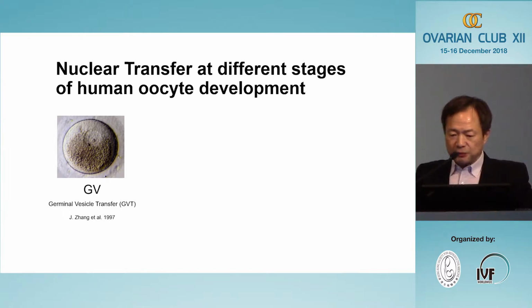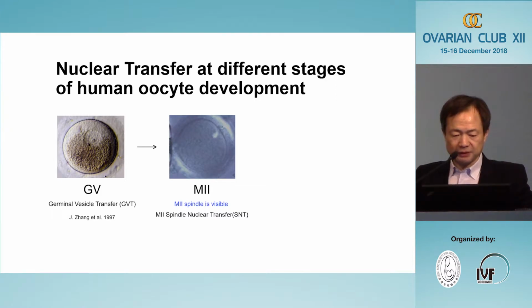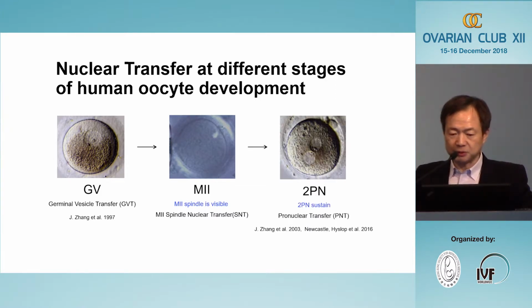Here are 3 different kinds of nuclei we can use for nuclear transfer. First is the germinal vesicle, which we studied in 1996 and 1997. The second technique is nuclear transfer on the spindle, the metaphase II oocytes.